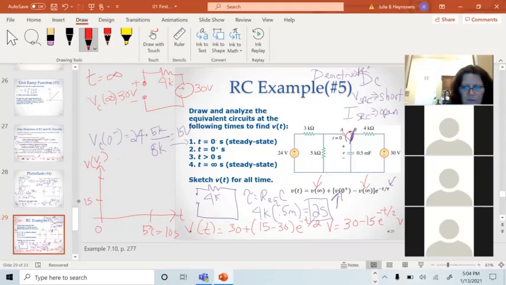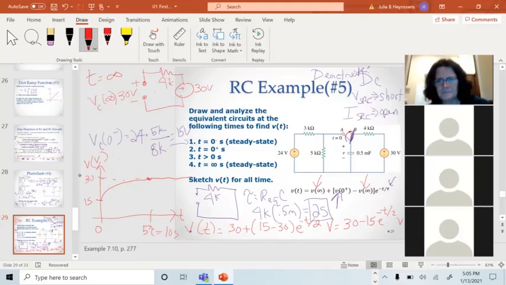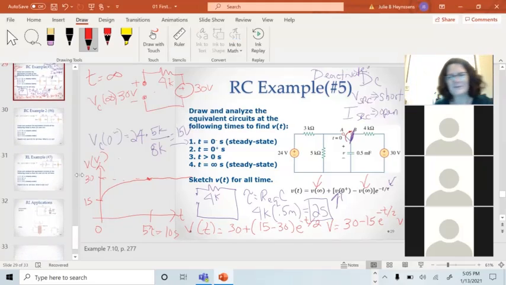At time t equals infinity, it's at 30 volts. And it's going to be behaving exponentially in between there, so it's going to look something like that. That's what the graph will look like. Okay, that is an RC circuit. I think I have enough time for my RL circuit.